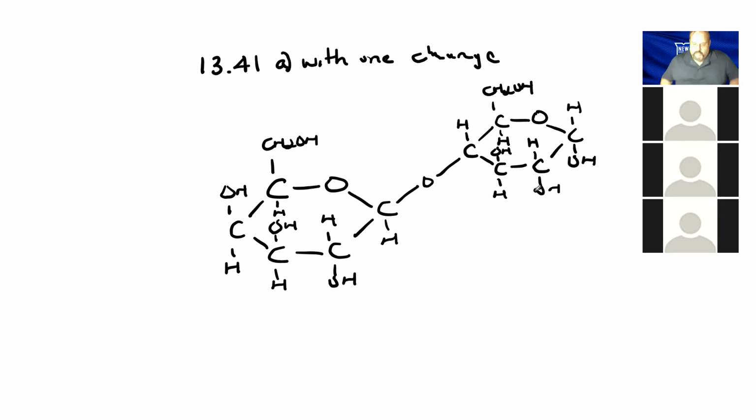So first off, letter A, let's name the linkage. One of the things you need to be able to do is number the carbons in the ring. For a 6-atom ring, the way I remember is as follows: the carbon to the right of the oxygen is always carbon number 1.